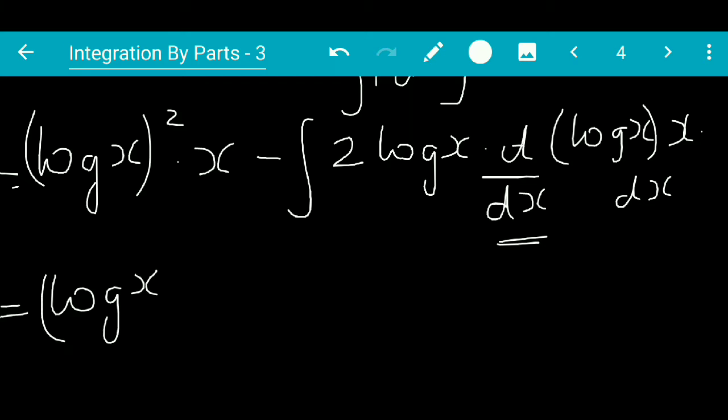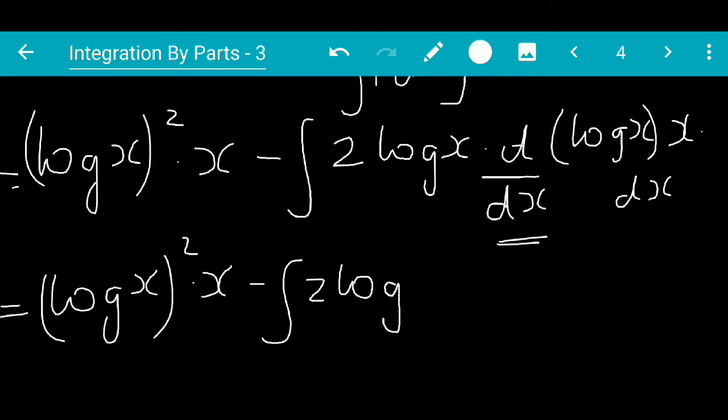So here we get log x the whole square into x, minus the integral of 2 log x and the derivative of log x is 1 upon x. So 2 log x into 1 upon x into x dx. In this case, x gets cancelled in the numerator and the denominator, and therefore we get this particular term.